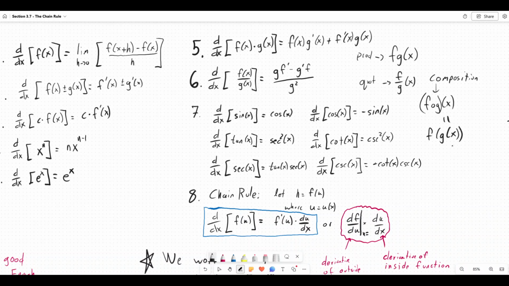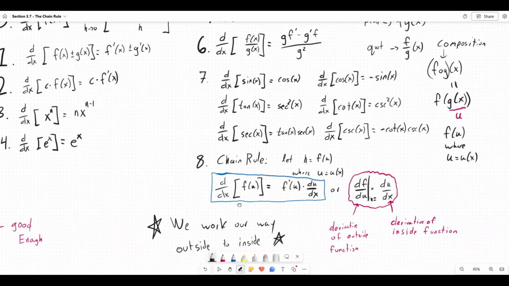Okay. Now, instead of g, we're usually going to rewrite that as u. But the text kind of jumps back and forth, so I will point out you can instead write this f of u, where u is a function of x. And here's what we get for the chain rule.